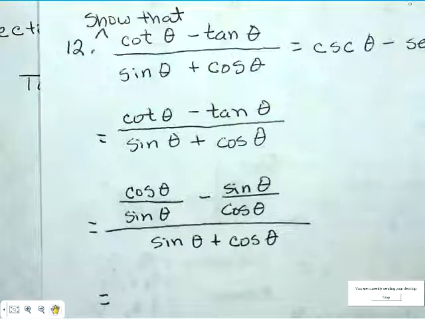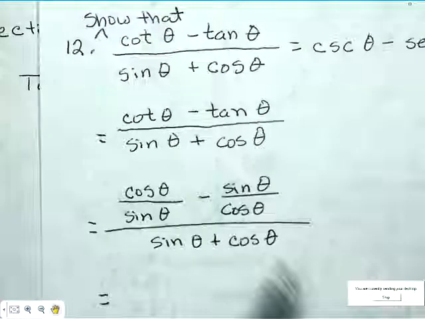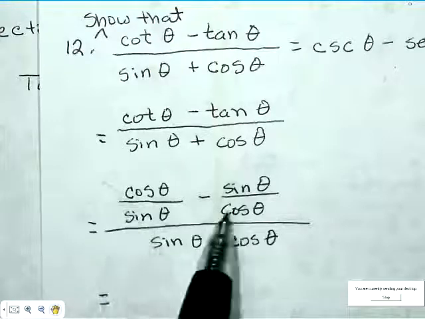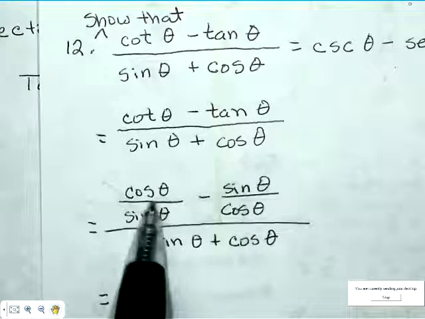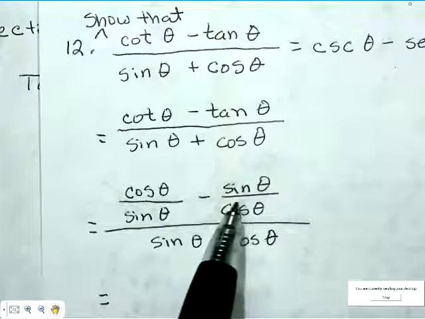Miss Raven, do you have any ideas at that point? I'll tell you one thing I probably wouldn't do. You could get a common denominator and add or subtract these two fractions, but if you did, you'd have a cosine square minus sine square, and cosine square minus sine square is not one of your trig identities.